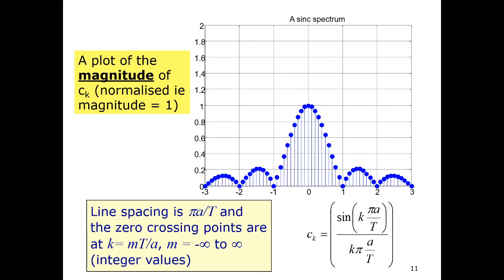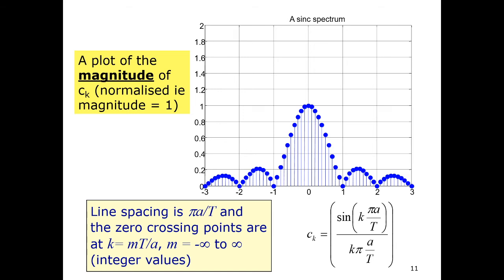Also, as a decreases, the mt divided by a factor being k is going to increase. What this means visually is that the zero crossing points are going to move apart and the curve itself is going to flatten.